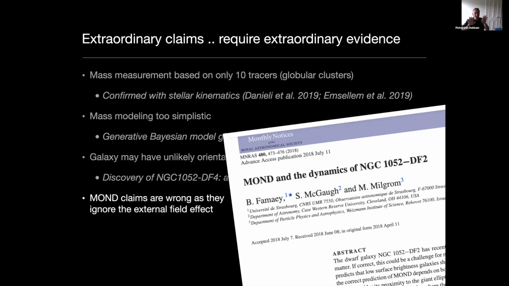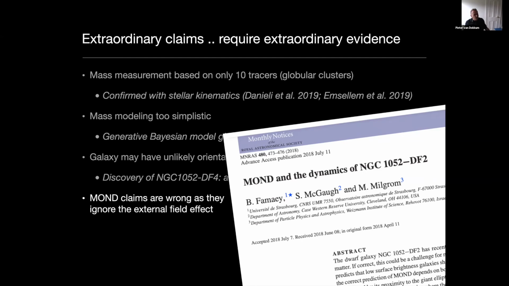Essentially, the gravitational potential of the larger galaxy means that you are in the Newtonian regime. Don't ask me about the details, but that means that you should not see a dark matter signal for galaxies that are very close to massive galaxies. That's been around since the 80s. This is not something they invented. That's a feature of the way gravity works in MOND.